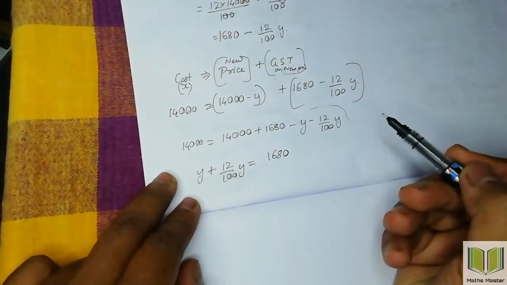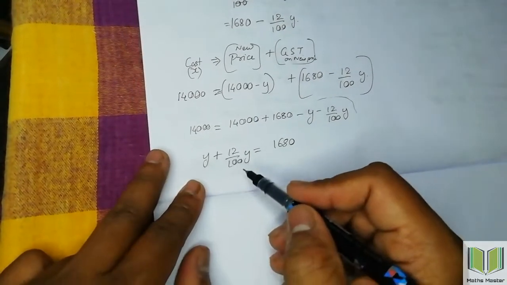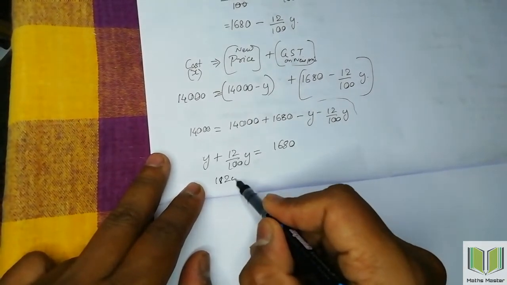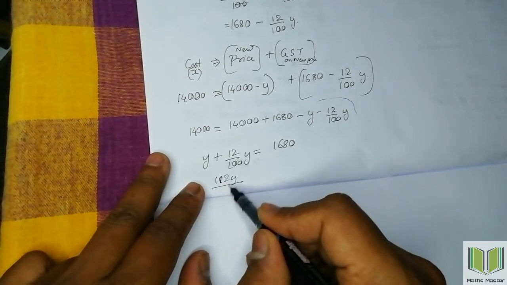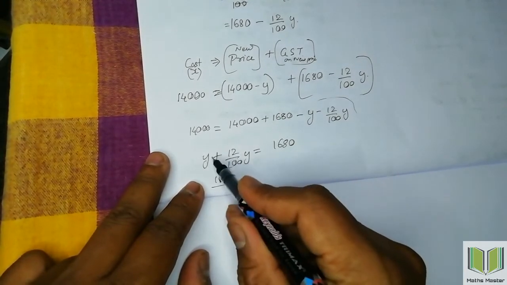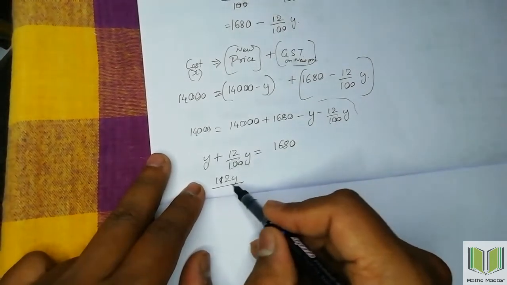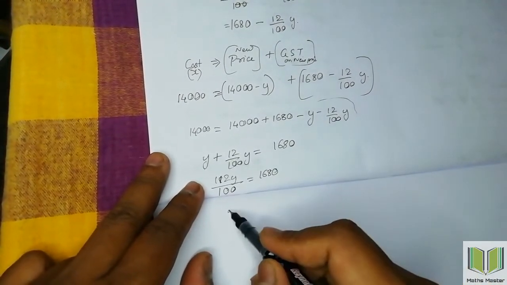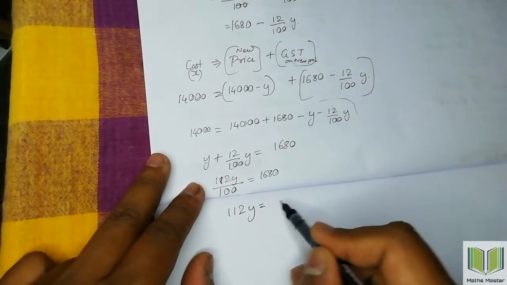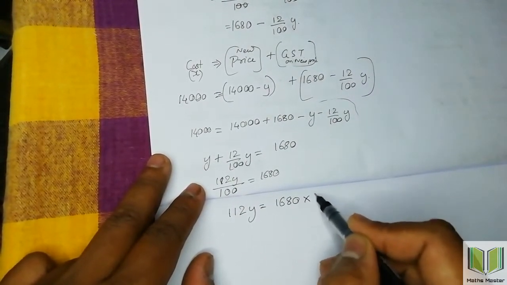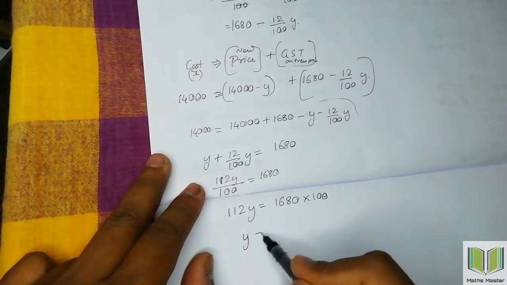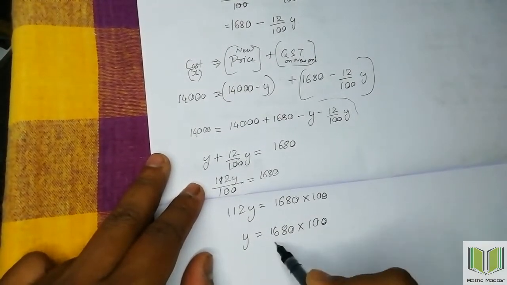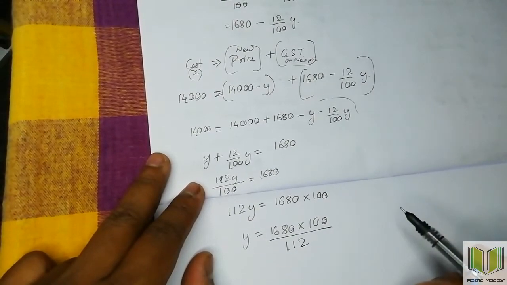Solving it further, 100y plus 12y is 112y by 100, equal to 1,680. So 112y is equal to 1,680 multiplied with 100, so y is equal to 1,680 multiplied with 100 divided by 112.